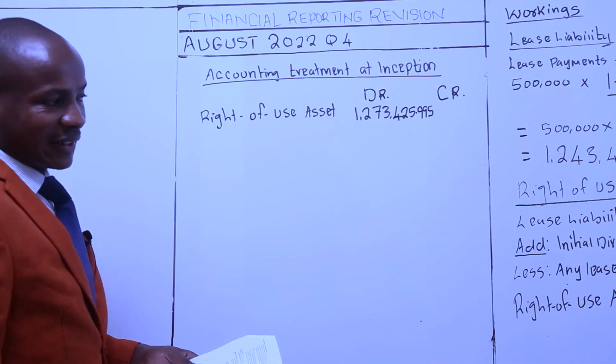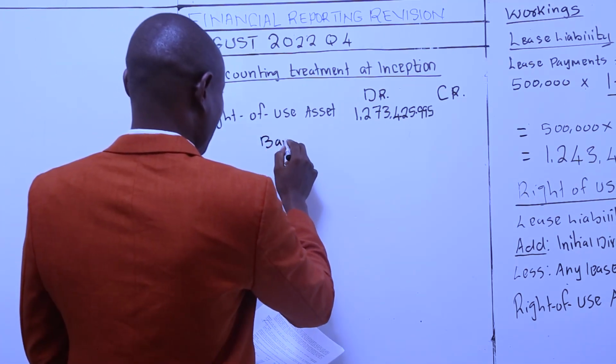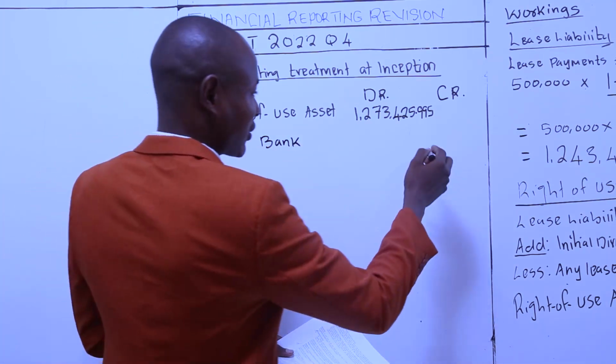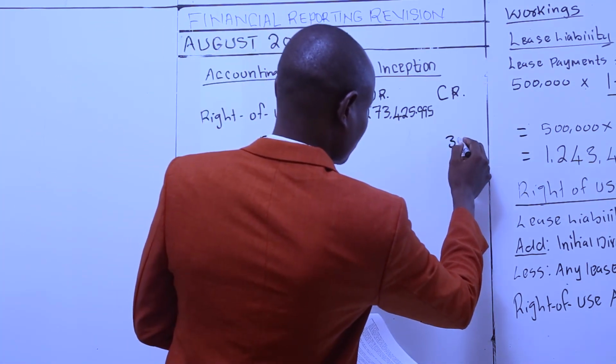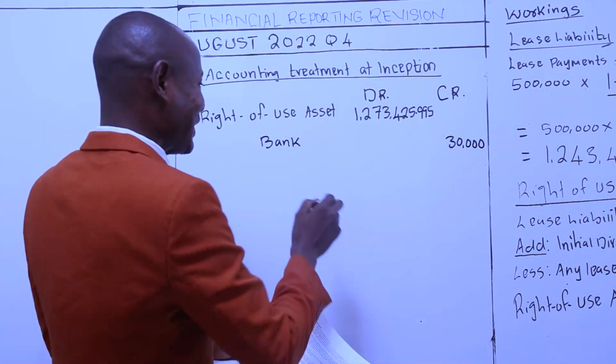Then what are we crediting? We are crediting, one, bank, the amount that was paid in bank: the initial direct cost of 30,000 will be credited. Then you also credit the lease liability.